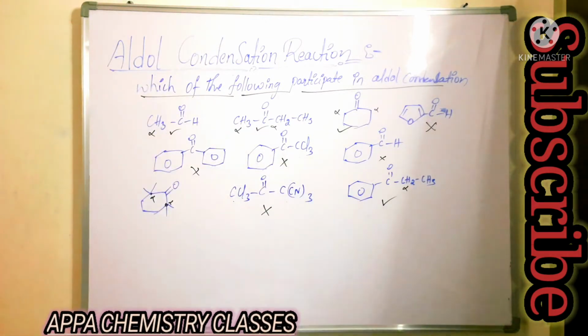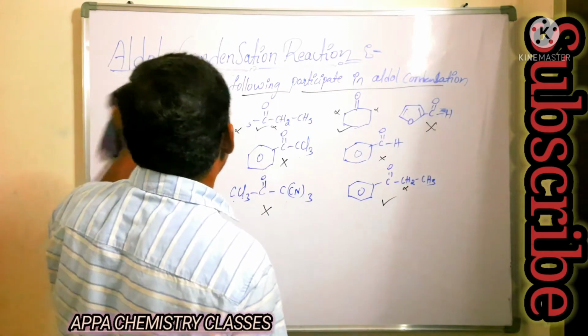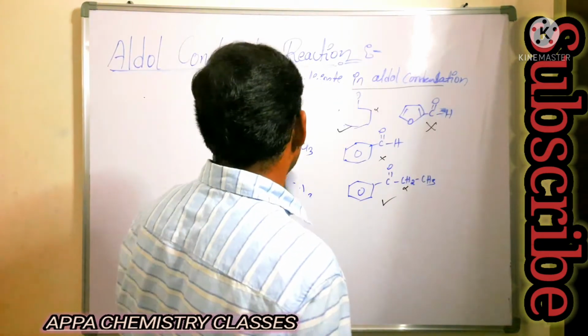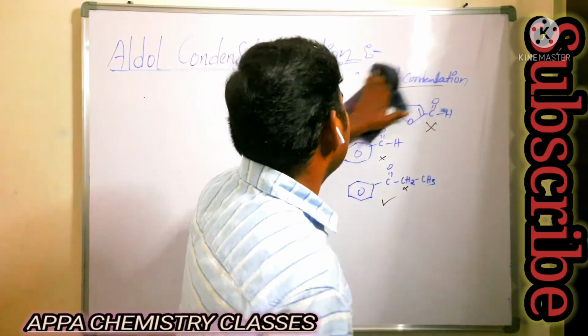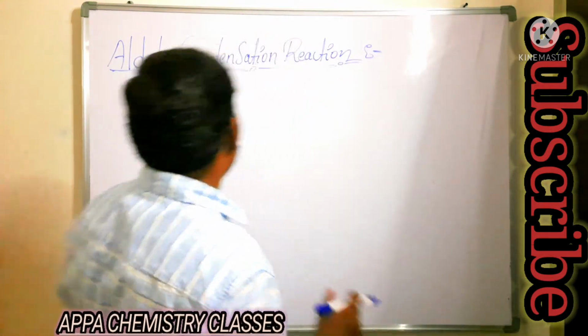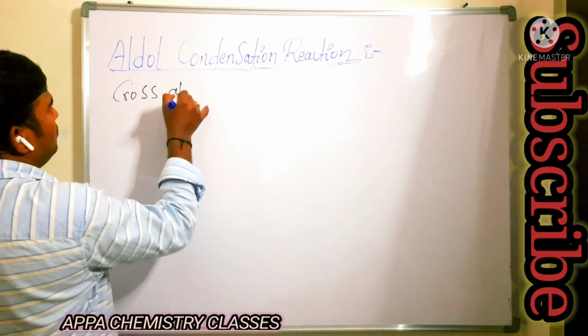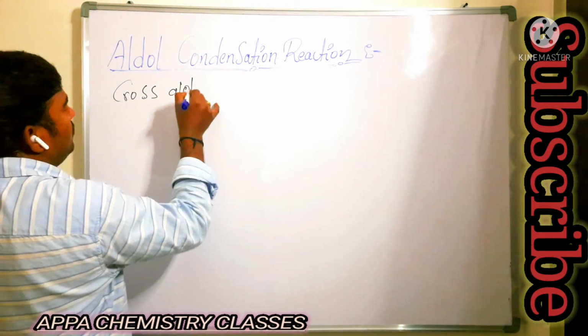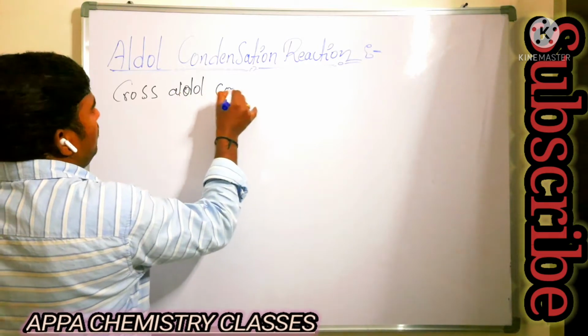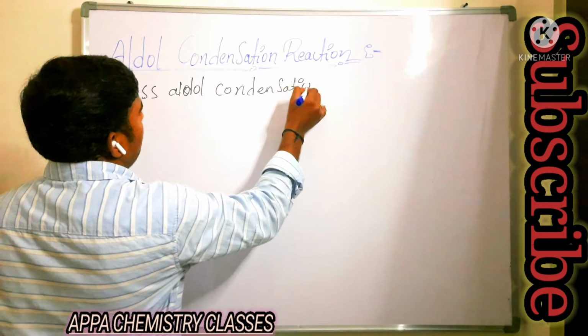Next we are going to see the different types, that is the cross aldol condensation reaction. The next type of condensation is cross aldol condensation, which is very important. What is meant by cross aldol condensation?